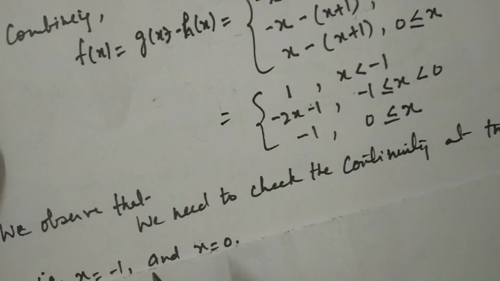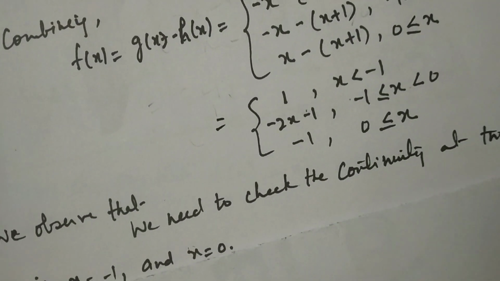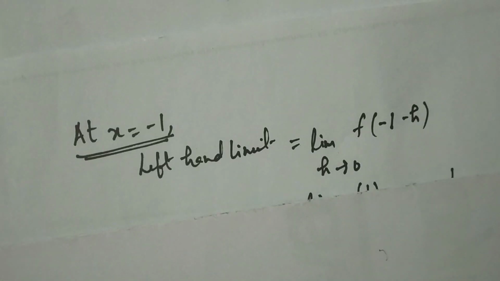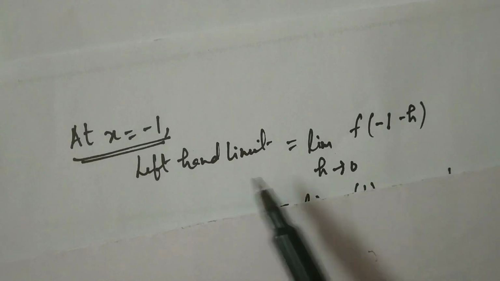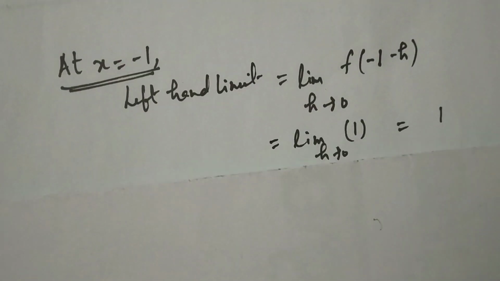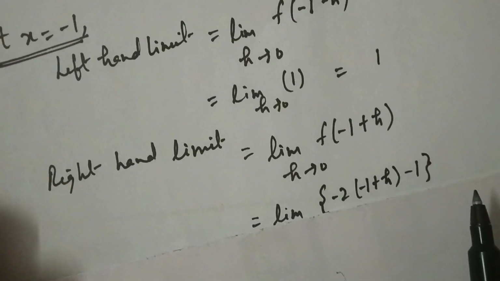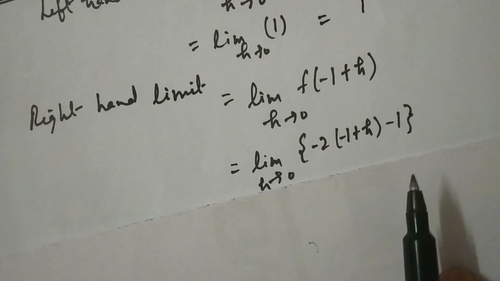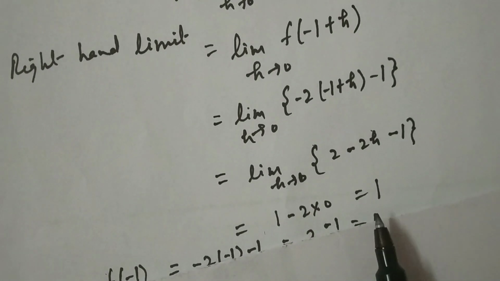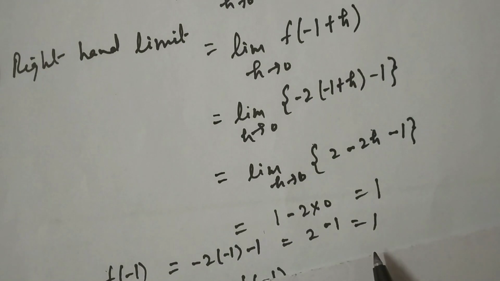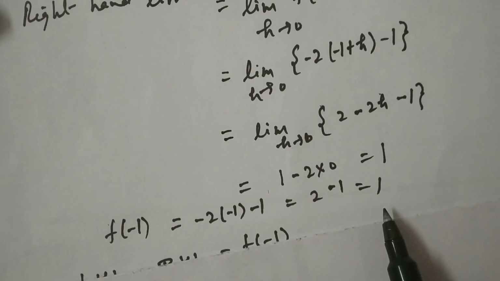Now the very important part is that I need to check the continuity at the two points, which are minus 1 and 0. At x equal to minus 1, I check the left hand limit, and it comes to 1. For the right hand limit, it comes out to be 1 again, and the value of the function at minus 1 also comes out to be 1.